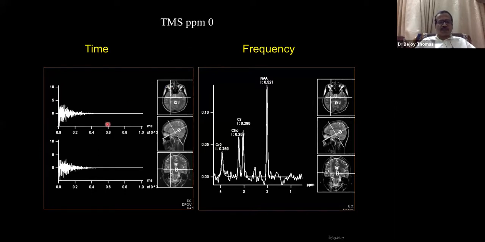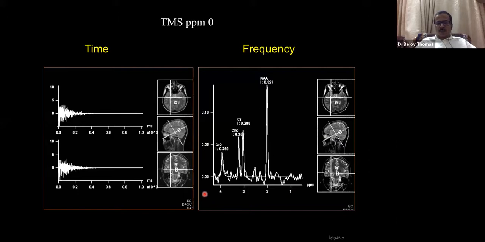So basically, the time domain signal is converted into frequency. And in H1 MR spectroscopy, you can see that the ppm scale runs from the right to the left, because the lowest frequency is depicted on the right, and then towards the left, higher ppm.